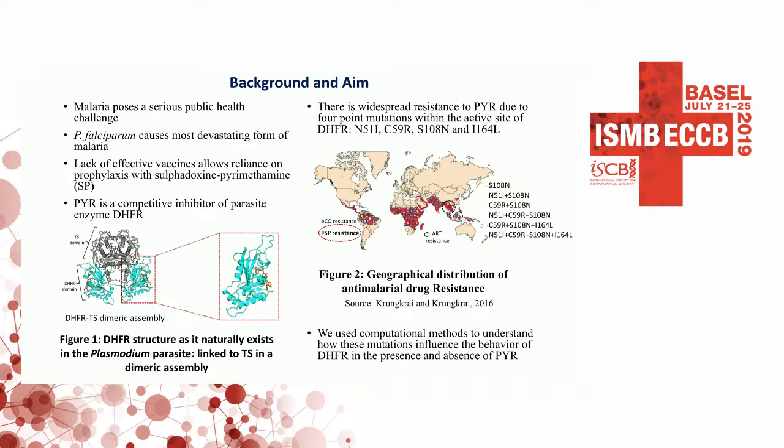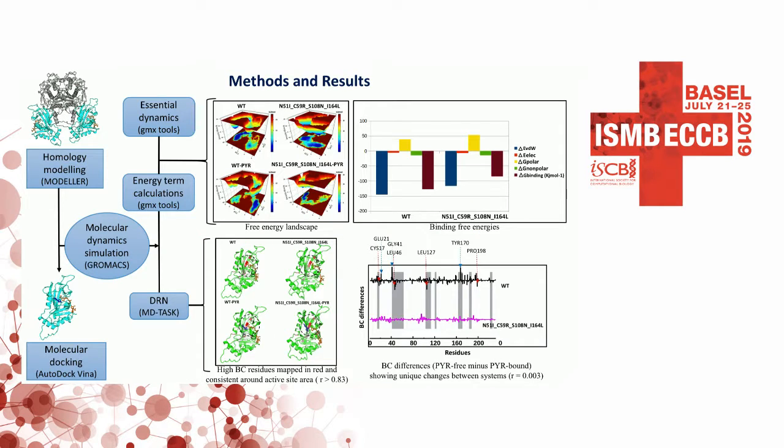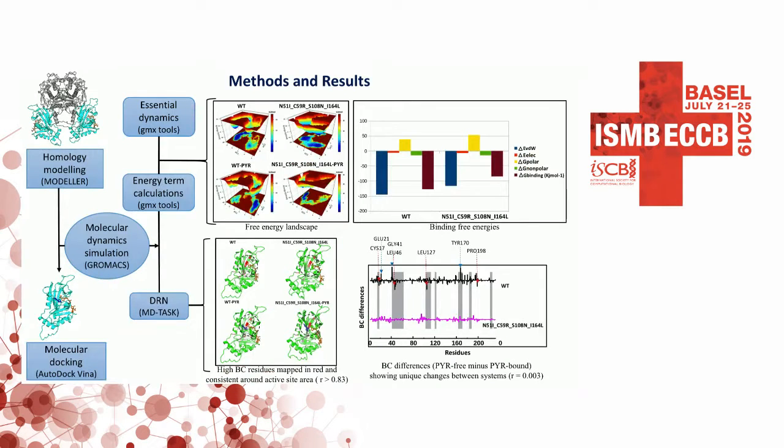So we used computational methods to understand how these mutations affect the behavior of DHFR in the presence and in the absence of pyrimethamine. To do this, we applied the following methods to all the systems, that is the pyrimethamine-bound, the wild type and mutant systems.